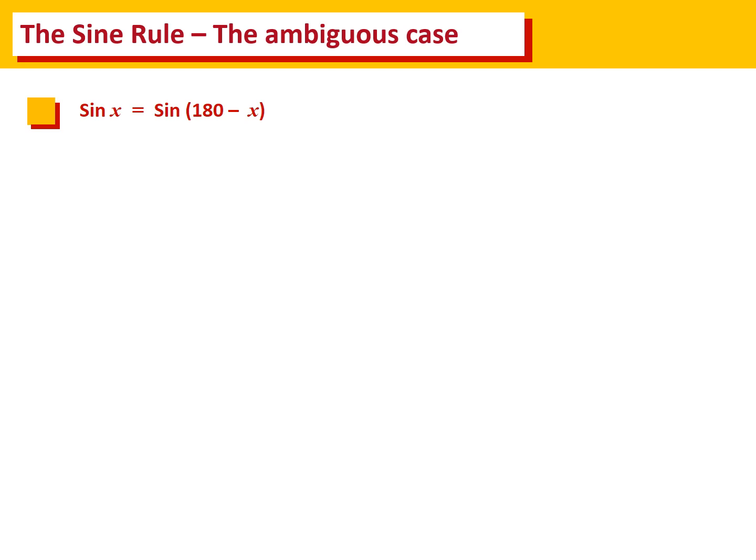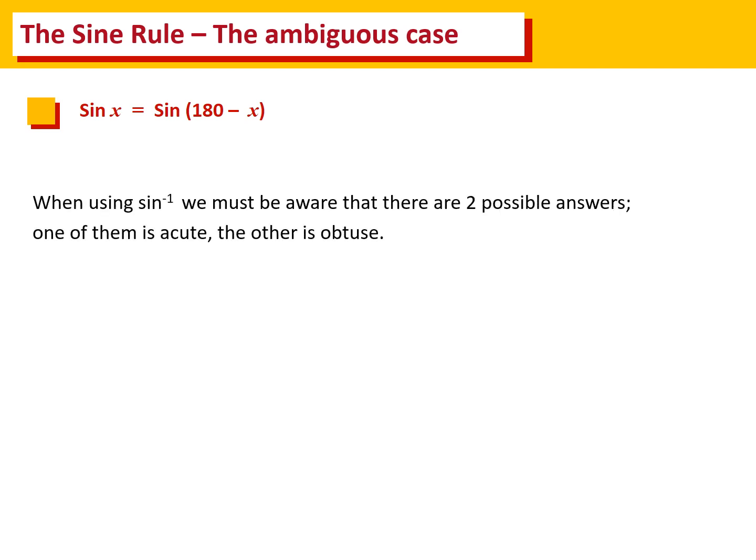Well, you have to look at information given to you in the question. Sometimes it will tell you that the angle you're trying to find is obtuse, or the diagram itself will make it clear that the angle is obtuse. So, when we're using shift sine, we must be aware there are two possible answers. One of them that the calculator always gives is the acute answer, but the other is obtuse. And there's the example I talked about.